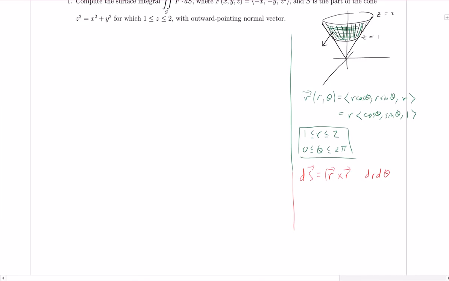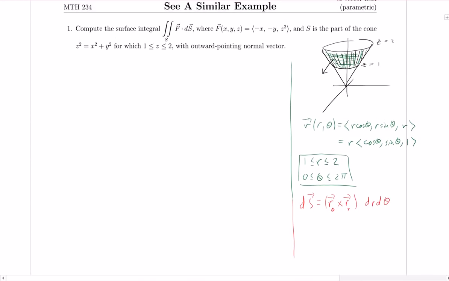I think maybe we'll want to do it in the other order, but we'll see after we compute it. Remember, we want the outward pointing normal vector, which in this case also means downward pointing. So we'll compute this cross product and make sure the z component is negative. If it's not, we'll just add a minus sign. Okay, so we need to compute what this is.